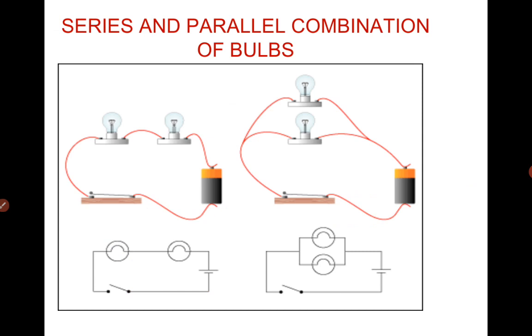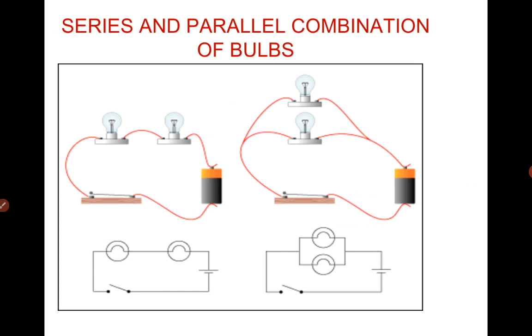If two bulbs are taken as identically equal, then definitely the two bulbs have the same wattage, same power. If you don't take the same power for these two bulbs, accordingly we have to calculate the current passing through each circuit. Accordingly, you have to calculate the resistance of each bulb in both of the circuits. That is also another variable.